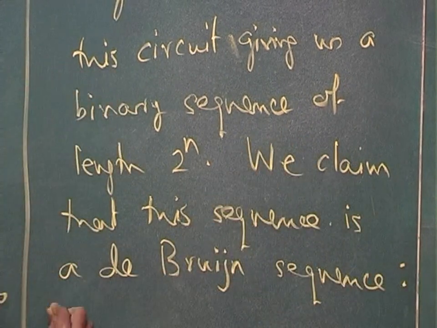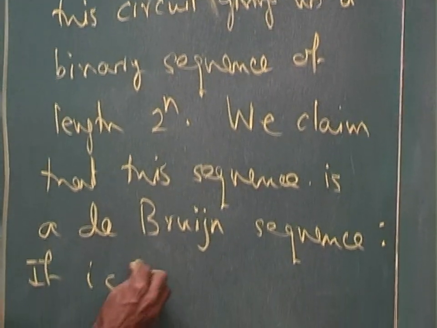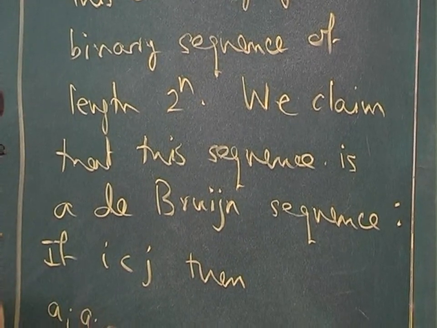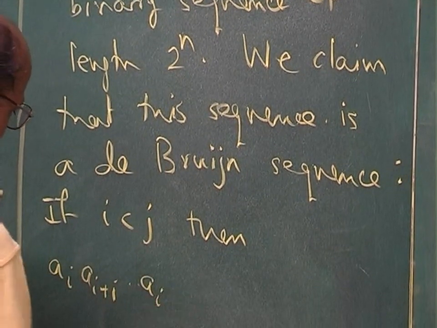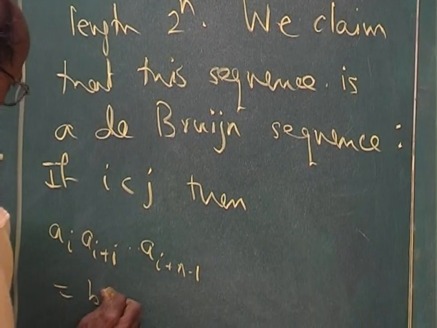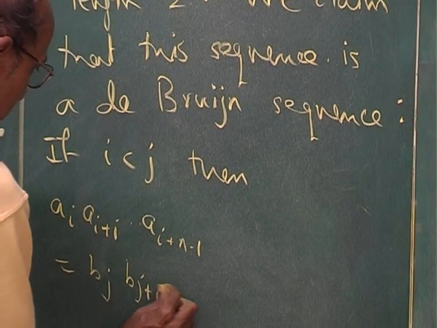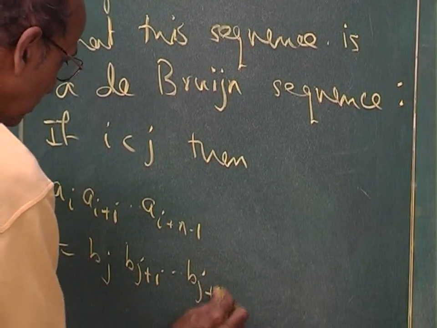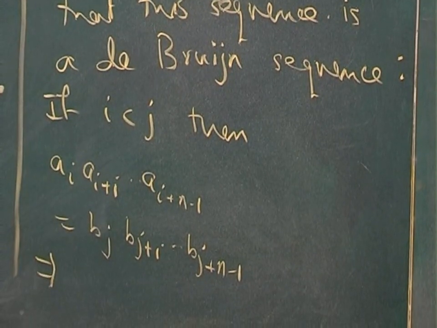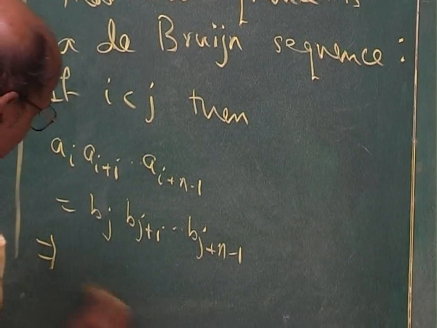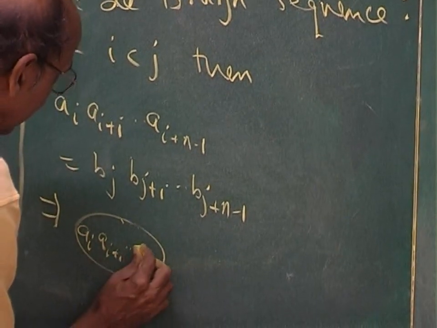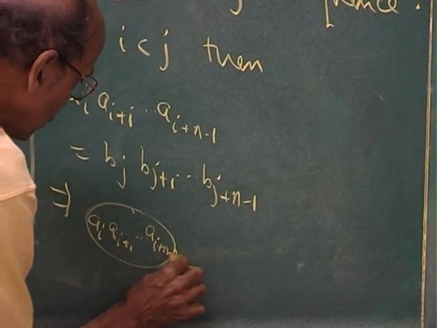So the explanation is like this: if i is strictly less than j, then a(i+1) ... a(i+n-1) equal to b(j+1) ... b(j+n-1) implies, see, the situation is just like this. This is the vertex a(i+1) ... a(i+n-2).